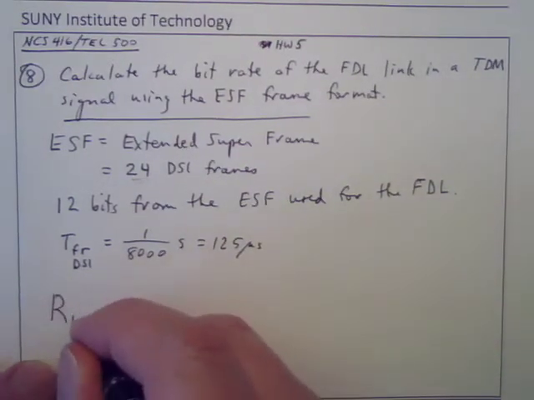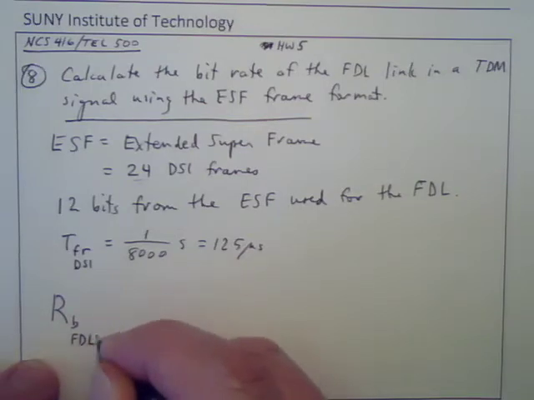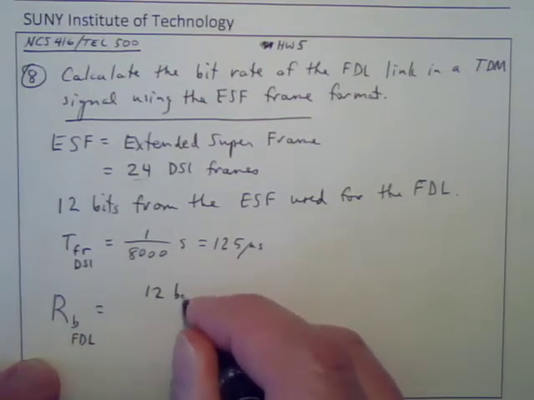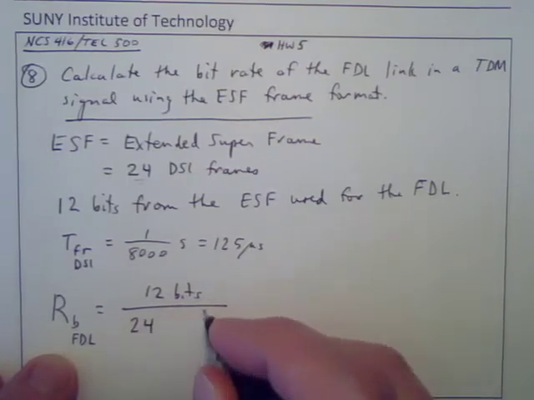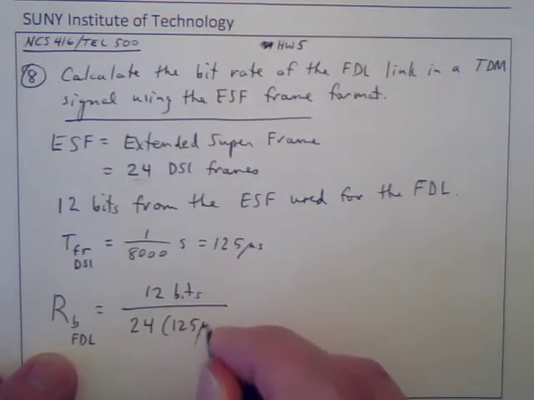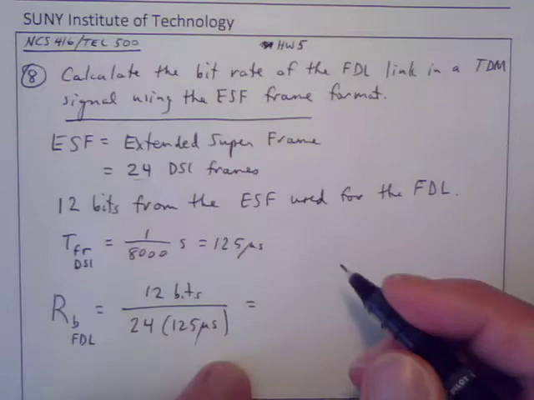And so the bit rate of the FDL link is 12 bits per 24 times 125 microseconds.